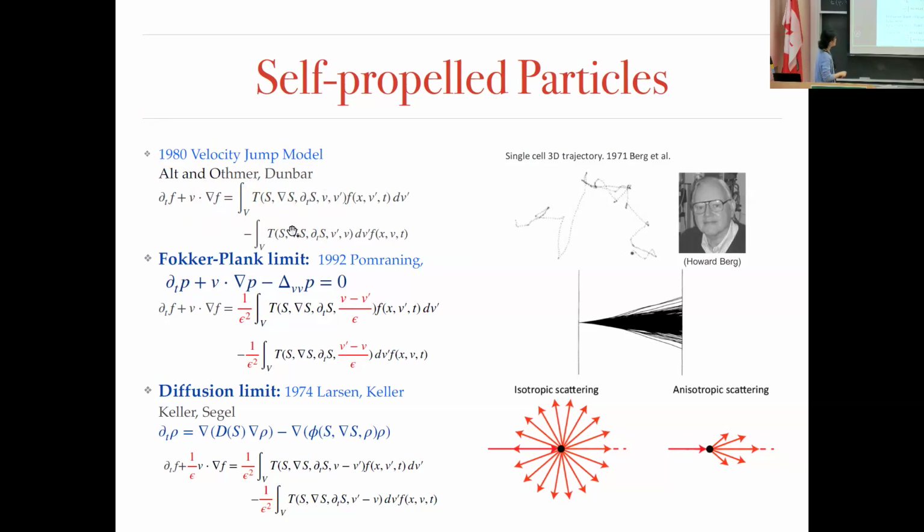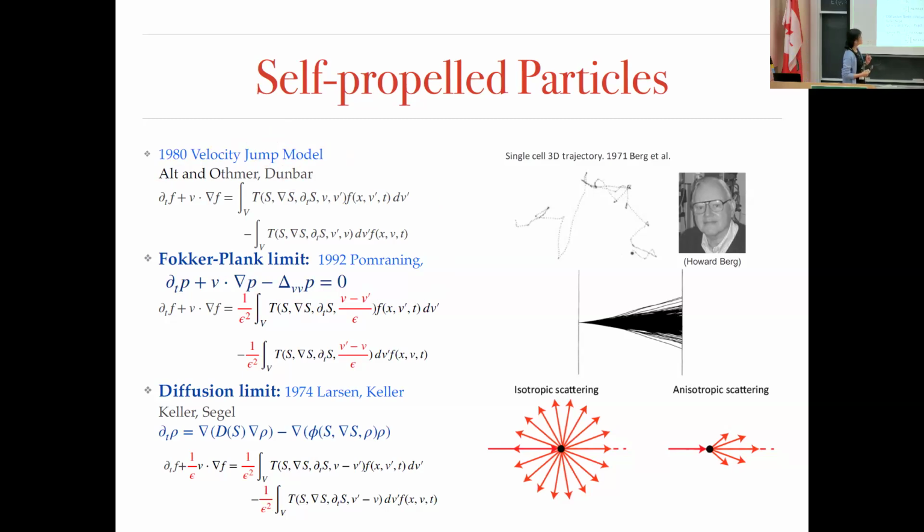If we look at the literature on the classical neutron transport equation, this kind of equation has already been studied a lot. There are two different kinds of limits.